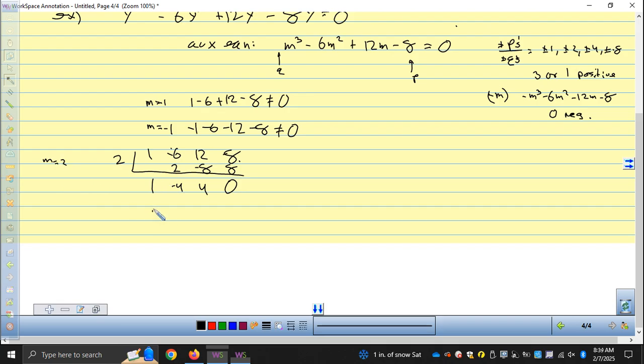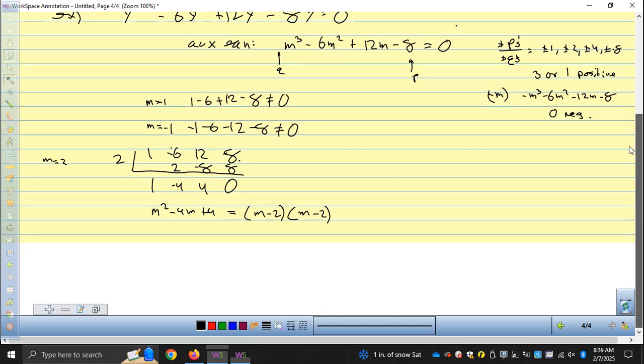This is m squared minus 4m plus 4, which is m minus 2 times m minus 2. So I have a triple repeated root.